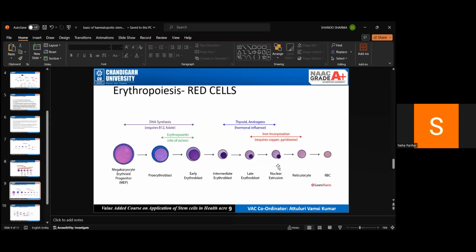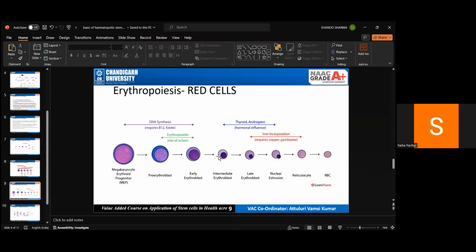Then the megakaryocyte erythroid progenitor. The progenitor cells are capable of forming a particular type of cell. So these erythroid progenitor cells give rise to the proerythroblasts with the help of erythropoietin. When the erythropoietin hormone acts on this erythroid series at the time of DNA synthesis, they give rise to the early erythroblast.